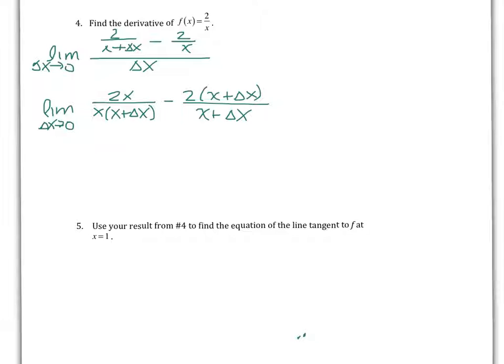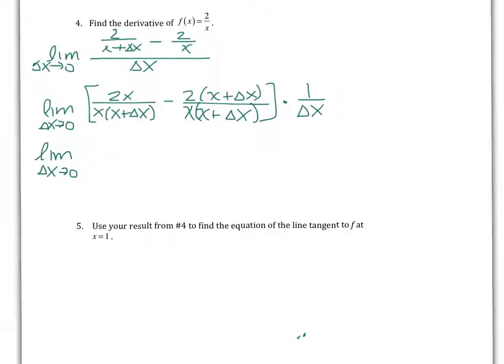That is all over delta x, or I can think of that as times 1 over delta x. Dividing by delta x is the same thing as flipping it and multiplying by 1 over delta x. I realize I lost an x there in my denominator. So let's combine that.